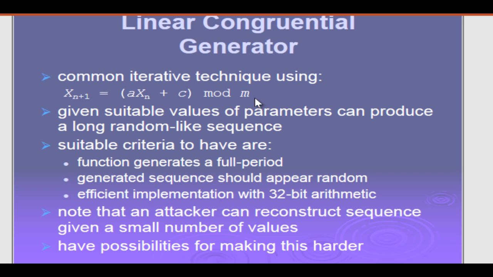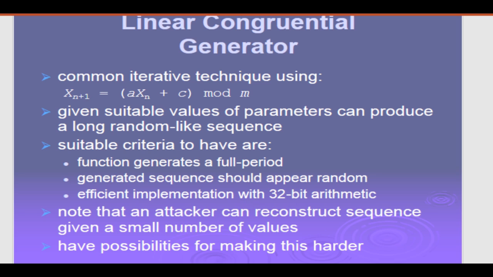You need a full period of numbers, and the generated sequence should appear random. There should not be any relation between them. Efficient implementation is possible with 32-bit arithmetic. If you use 32-bit arithmetic, you can get efficient random values.